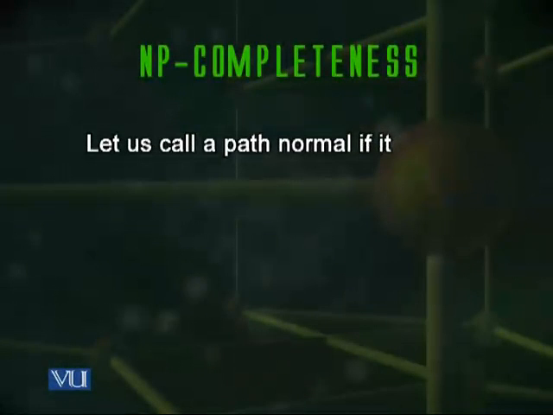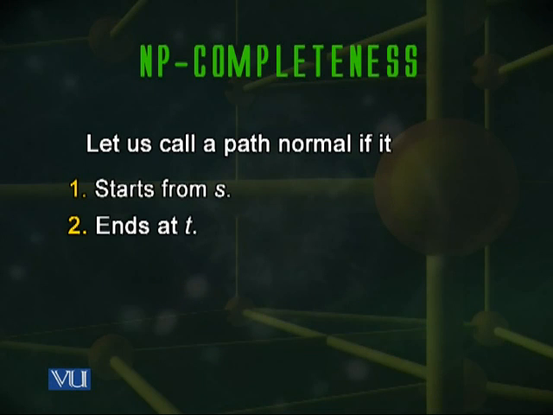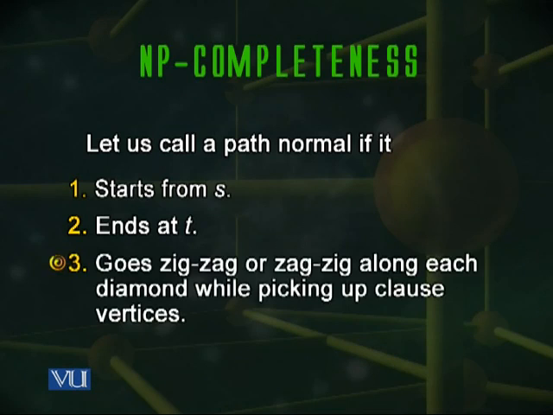Well, it has to start from the vertex S, then it has to end at the vertex T, and along the way it has to pick up all the vertices in this graph G sub phi. What we will do is we will call a path normal if it starts from S, ends at T, and here we're talking about Hamiltonian paths only, and it goes zigzag along each diamond while picking up some clause vertices.